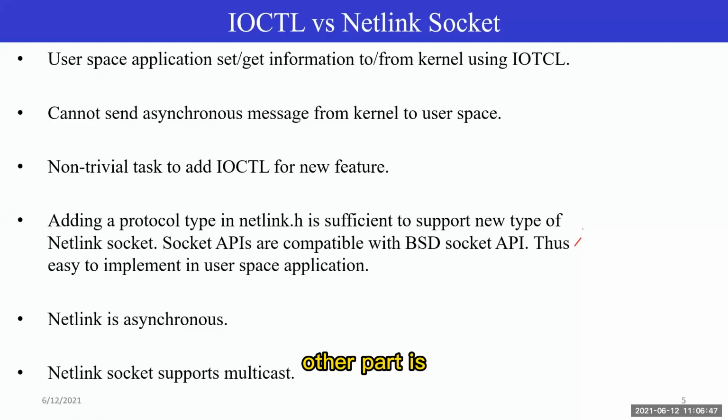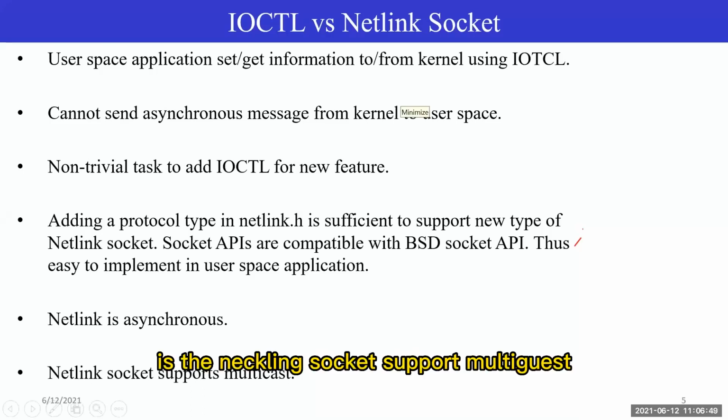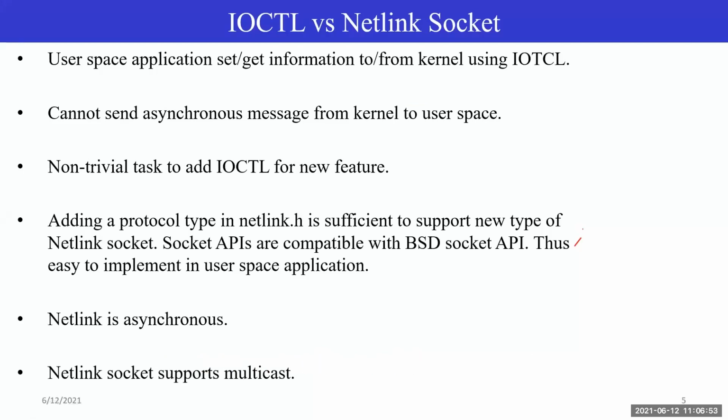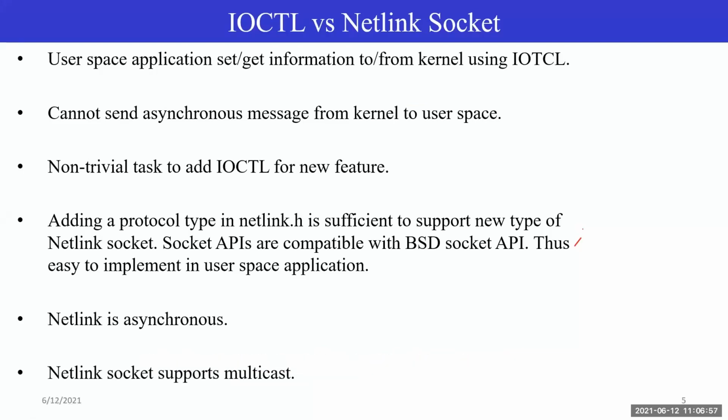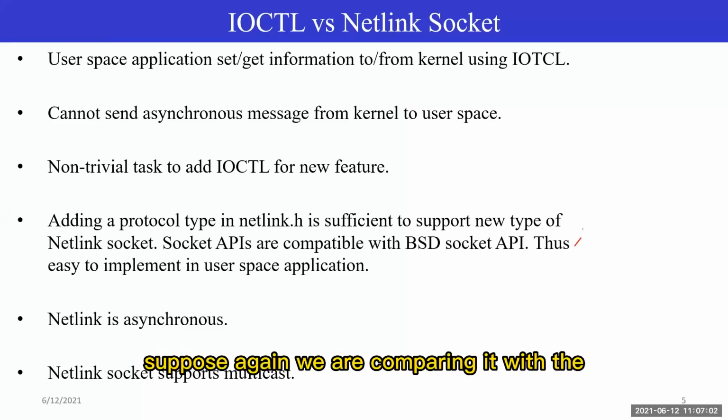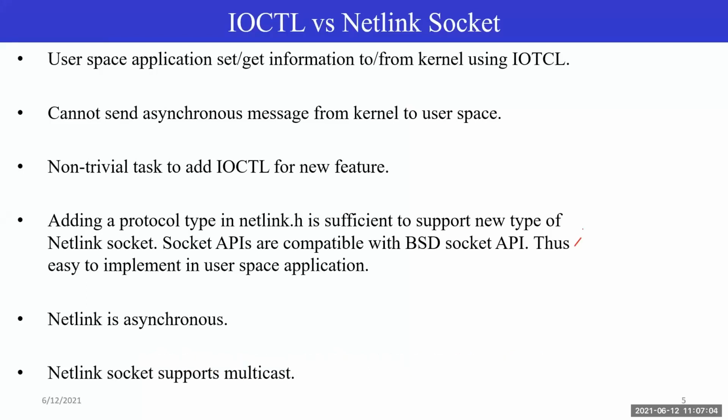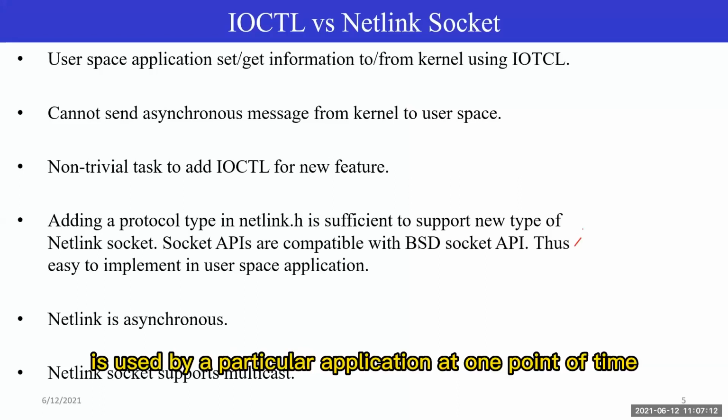The other part is that Netlink sockets support multicast. Now, what do you mean by supporting multicast? Suppose again we are comparing it with the IOCTL or any system call. That particular system call is used by a particular application at one point of time.